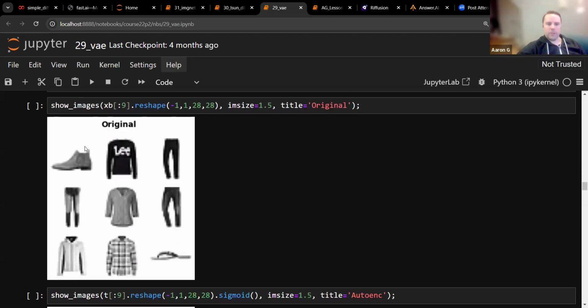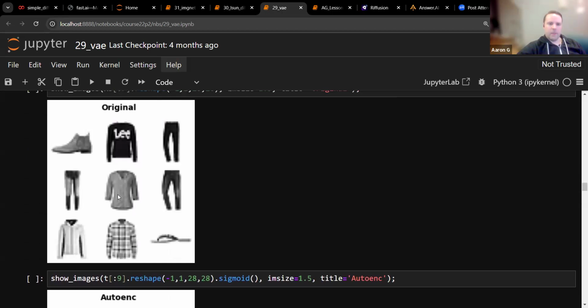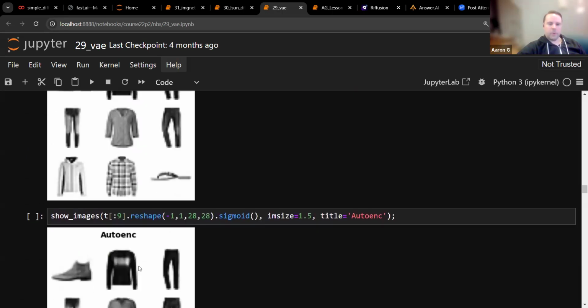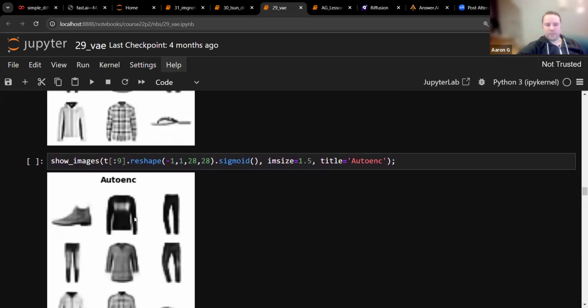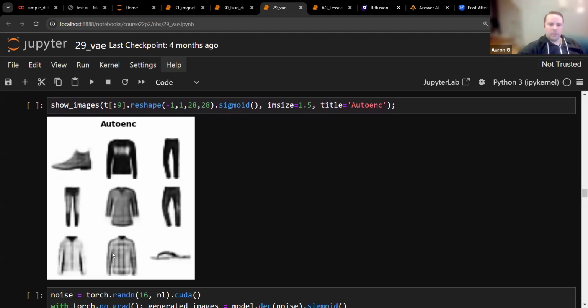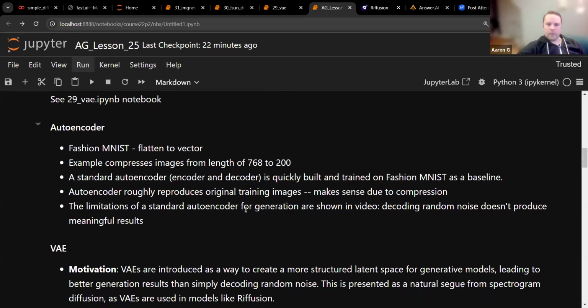So here are the original images from the first 9 here. And when we decode it back, you definitely still see clothes here, but things are kind of blurry. And it makes sense, of course, because these are compressed.